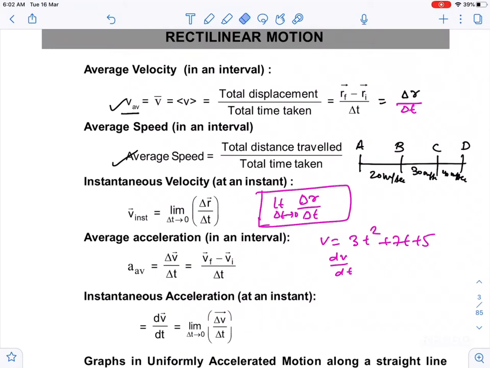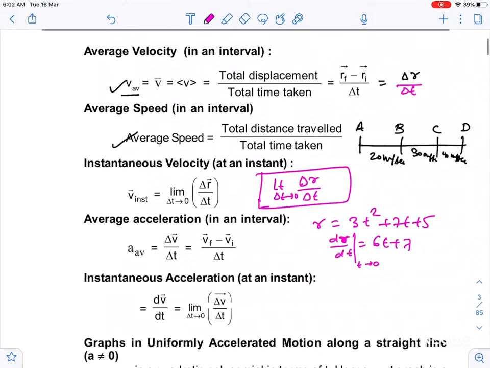You can calculate dr by dt as 6t plus 7, and substituting the value of t, you get the value of instantaneous speed at that time. So these things you should keep in mind.